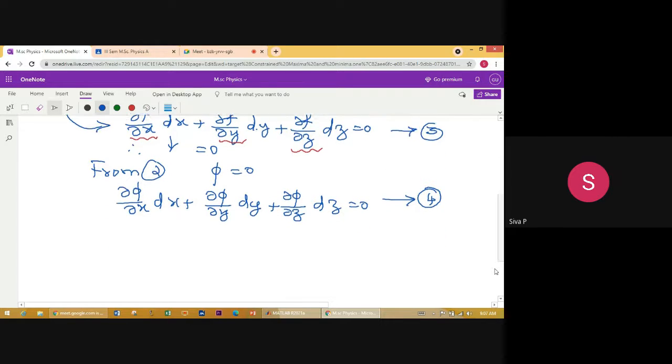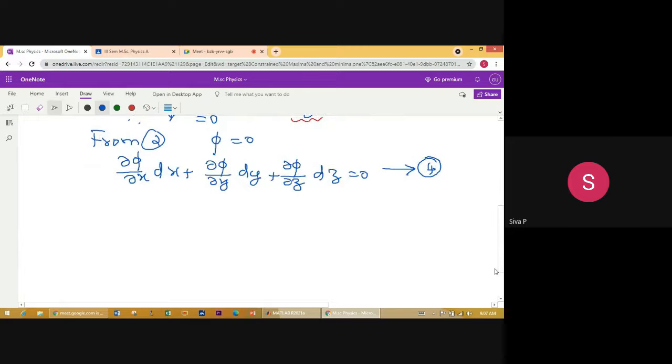Now we consider one undetermined multiplier lambda.